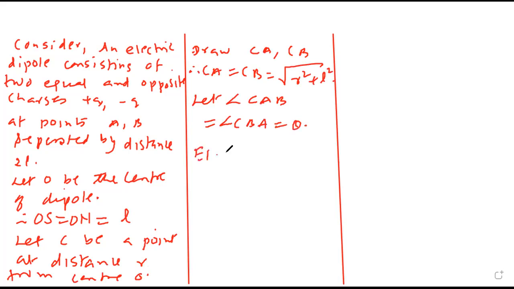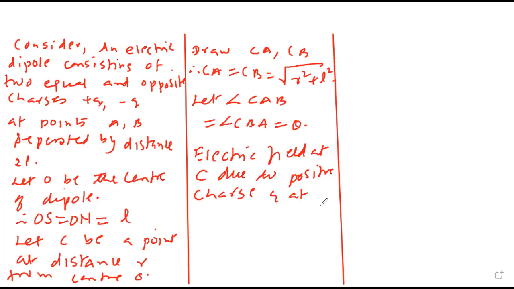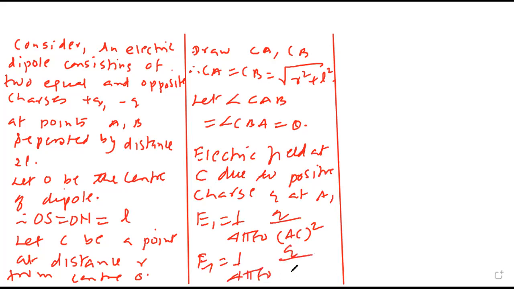Now, the electric field at C due to positive charge q at A, E1, is 1 upon 4 pi epsilon naught, q upon AC square, which will become r square plus L square.